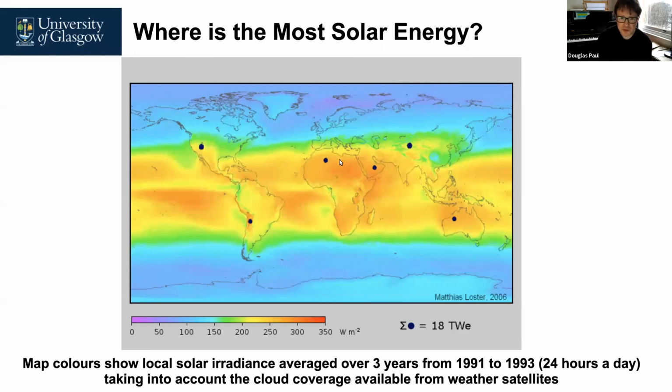So if we capture solar energy, let's say down here, if we want to use it in the UK, that's not very practical at all. And this is one of the real problems with solar, that where a lot of the consumption of energy is, it tends to be where solar energy is lower compared to many of the hotter climates in the world, where consumption is a lot less.